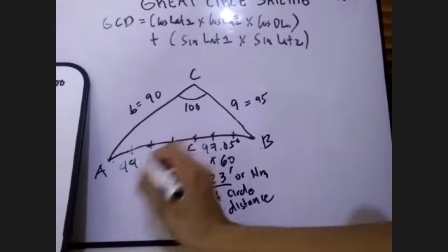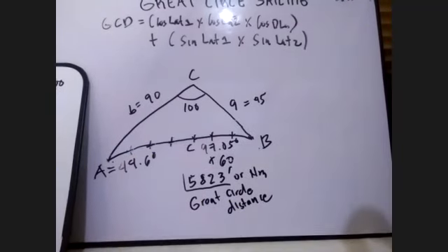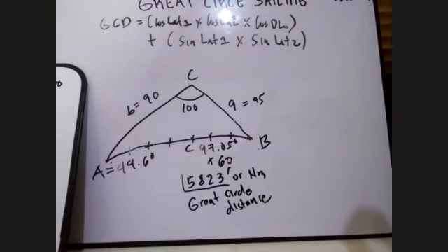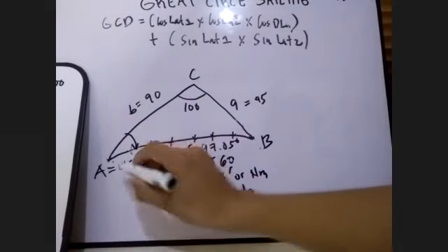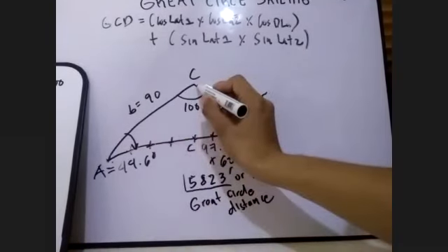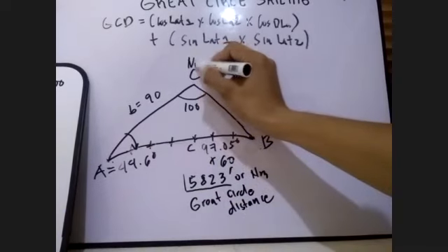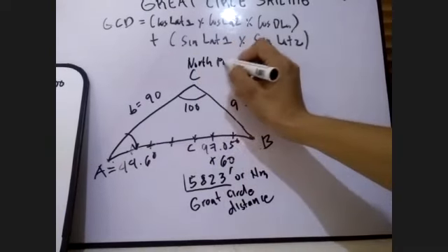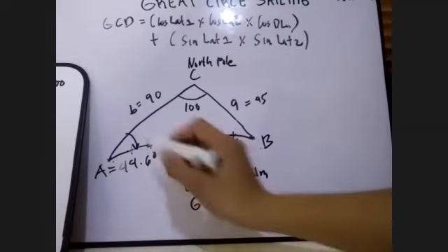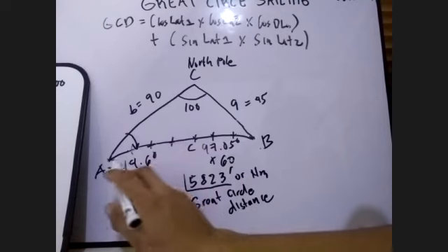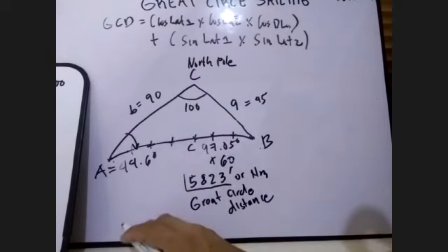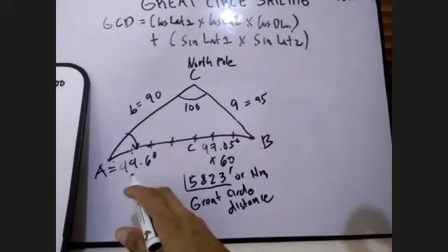It means from the arc of north, because this is the North Pole, to this initial course, it is 44.6 degree.